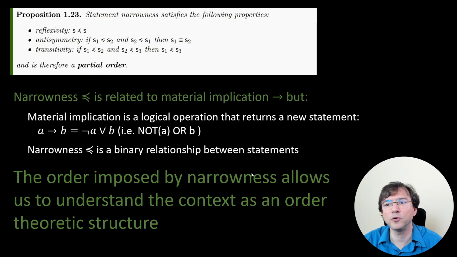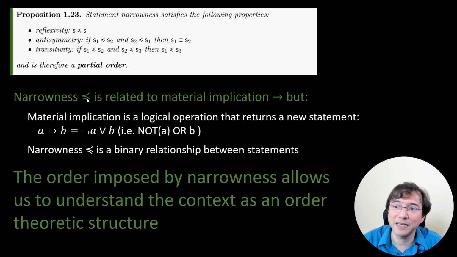One of the things that we can do now that we have this narrowness, and it sort of should tell you that we picked a symbol for narrowness that looks like a less than. And we picked it because we can show that narrowness forms what is called a partial order. For a partial order, you need three things. You need reflexivity, so that S is narrower than itself, or you can think a number is less than or equal to itself.